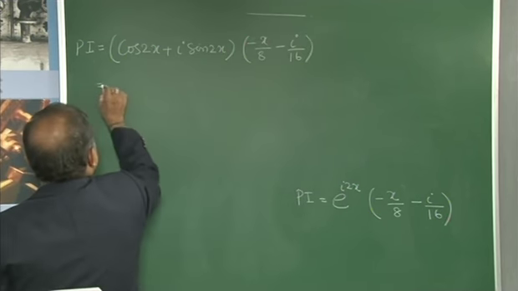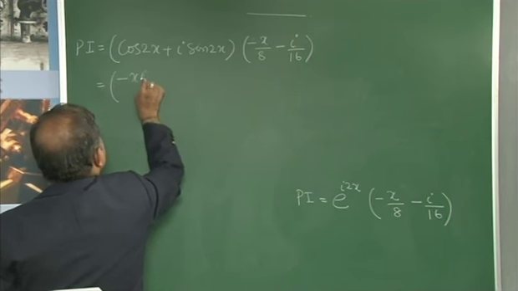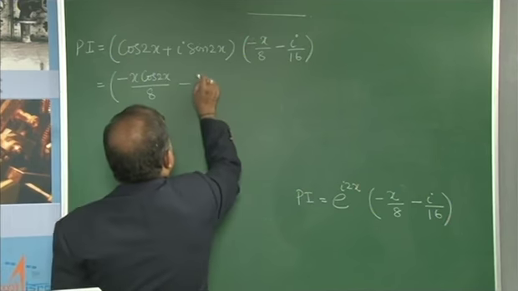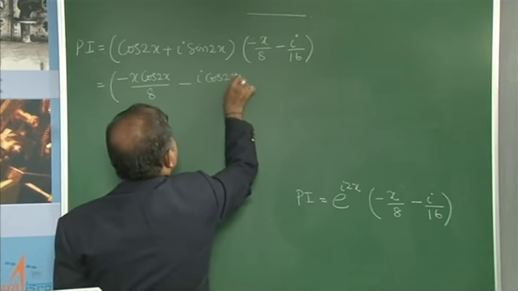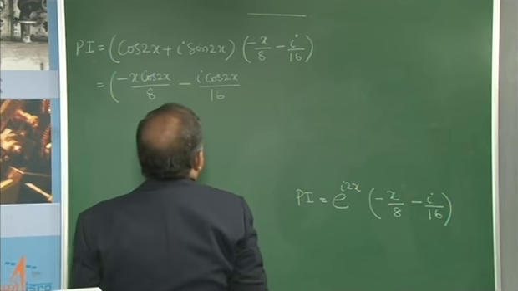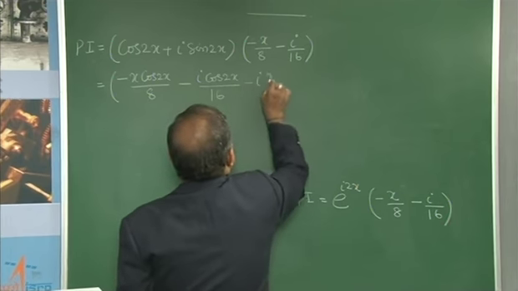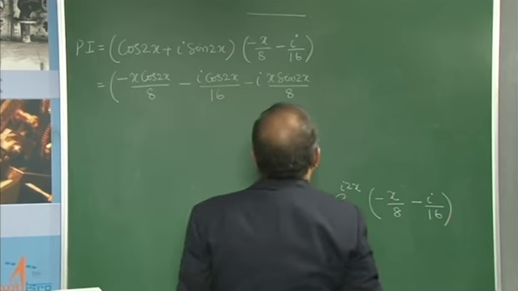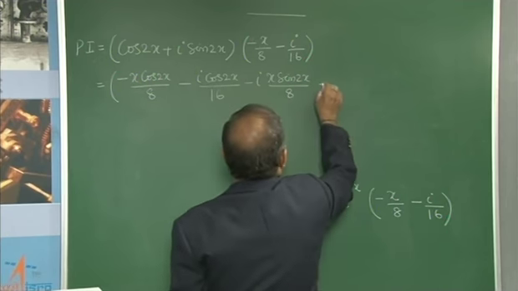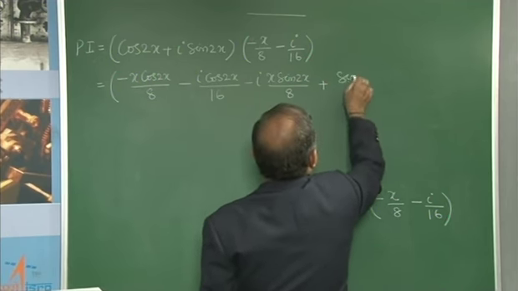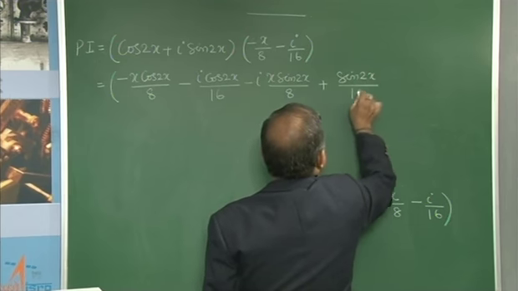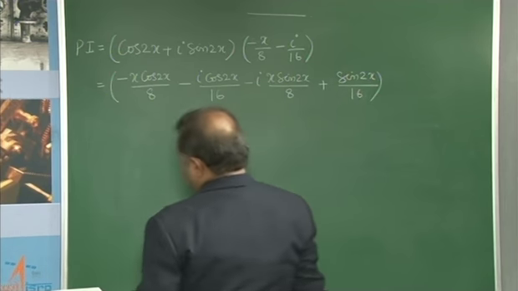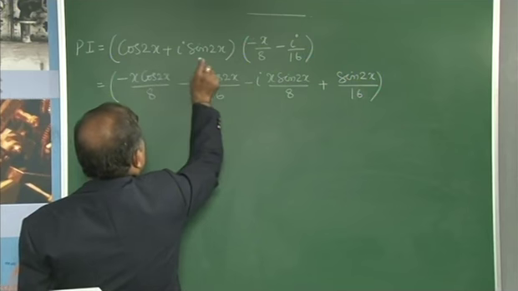Now, multiply it: minus x cos 2x by 8 minus i cos 2x by 16, then minus i x sin 2x by 8. Here very careful, i into i squared minus, therefore plus sin 2x by 16. See that very clearly, e power i2x is represented as cos 2x plus i sin 2x.